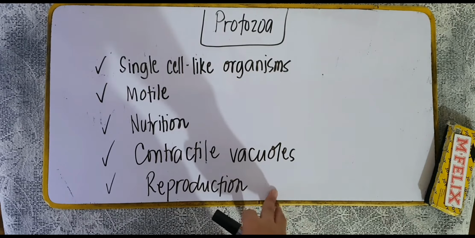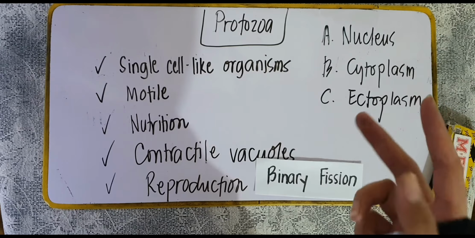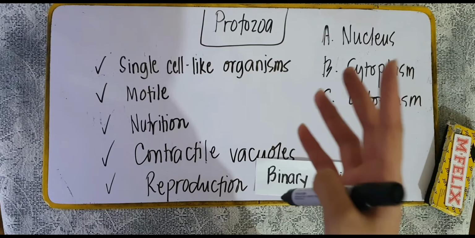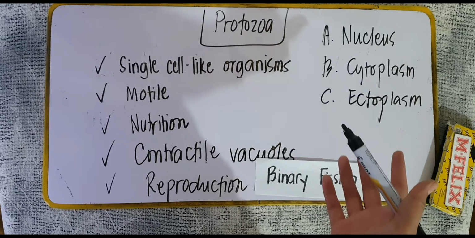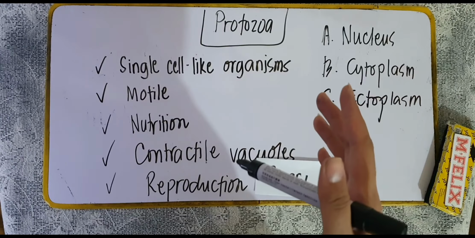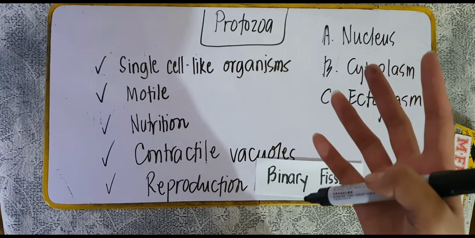They also have an ectoplasm. This structure serves as a plasma membrane, an outer membrane, or rather a semi-permeable membrane for intake and outtake of food. Again, it is a semi-permeable membrane for intake and outtake of food.